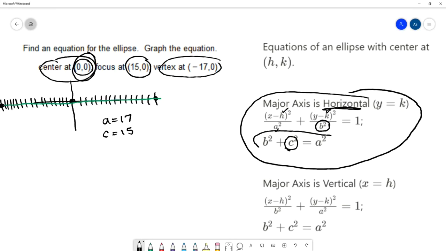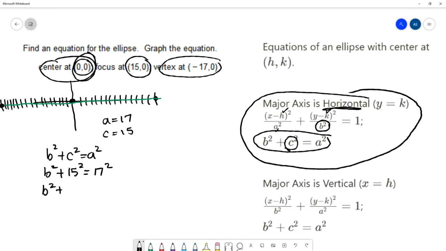And I can use this equation to figure out the value of b, my missing information. So b squared plus c squared is a squared. b squared plus 15 squared is equal to 17 squared.